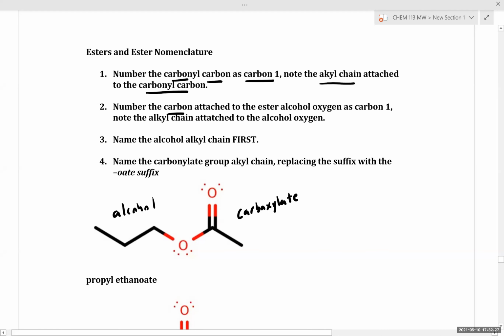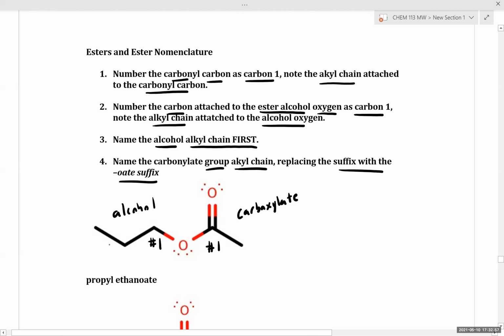Next, you number the carbon attached to the ester alcohol oxygen as carbon 1, and you note the alkyl chain attached to the alcohol oxygen. You then name the alcohol alkyl chain first, then you name the carboxylate group alkyl chain, replacing the suffix with the -ate suffix.